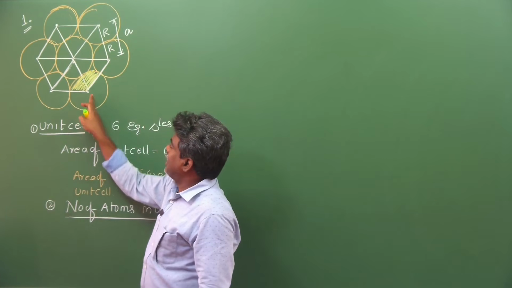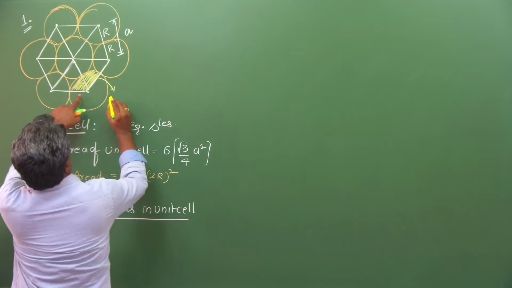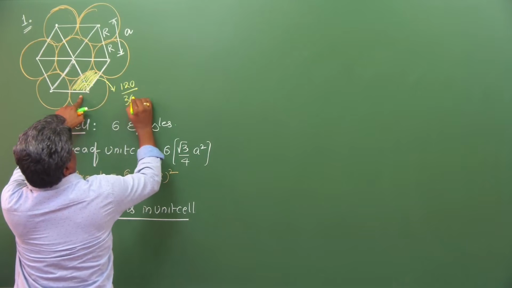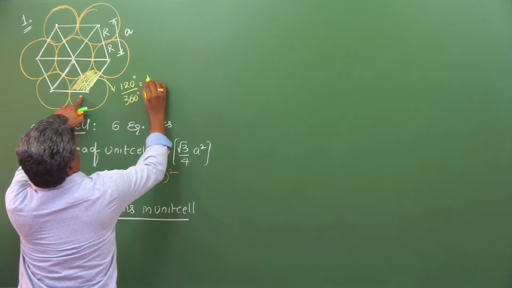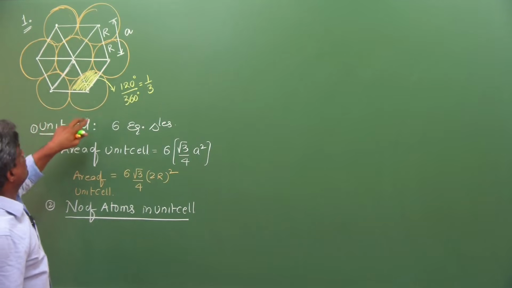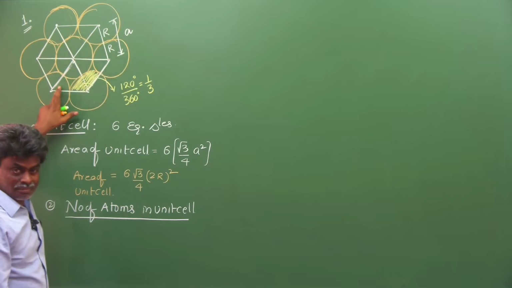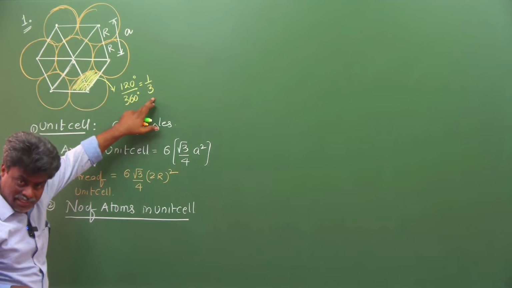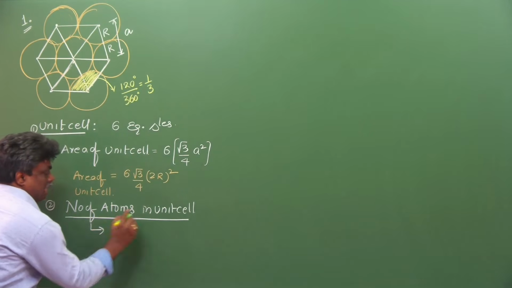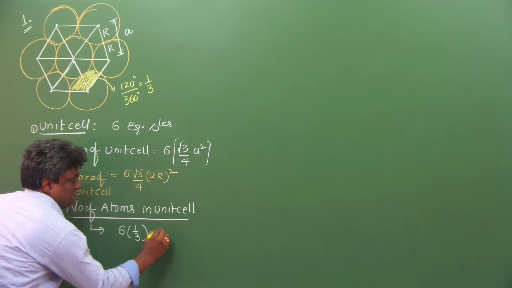This is the sharing of one atom. Say yes or no? Now, what is the sharing? I hope everybody knows this angle is 120 by 360. Already I explained this technique. In this hexagon, how many atoms are there? 1, 2, 3, 4, 5, 6. 6 atoms are sharing, plus one in the middle. That's why the number of atoms per unit cell is 6 sharing, plus one in the middle.